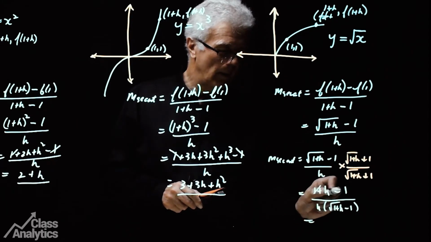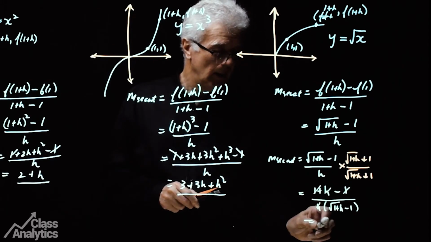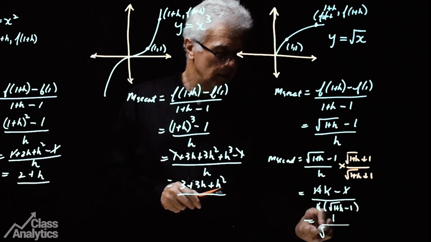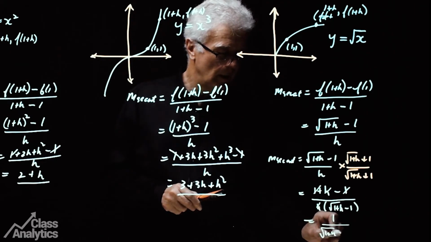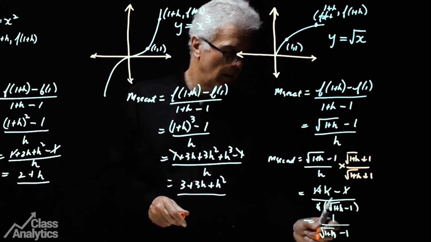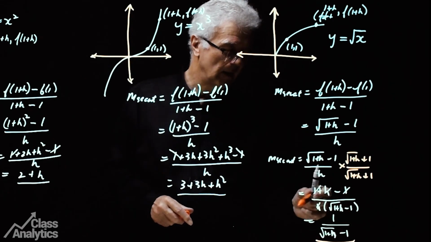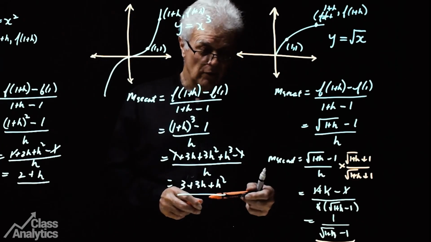And of course the h's go out, and you get 1 over the square root of 1 plus h plus 1, which actually is a better way of writing it, as you'll see later on when we start looking at gradients of tangents.